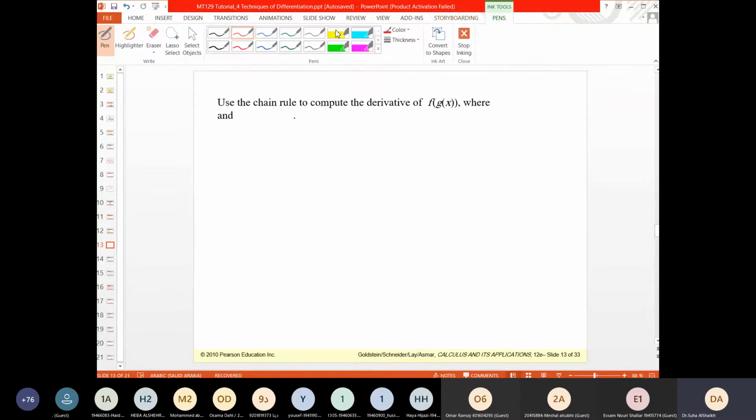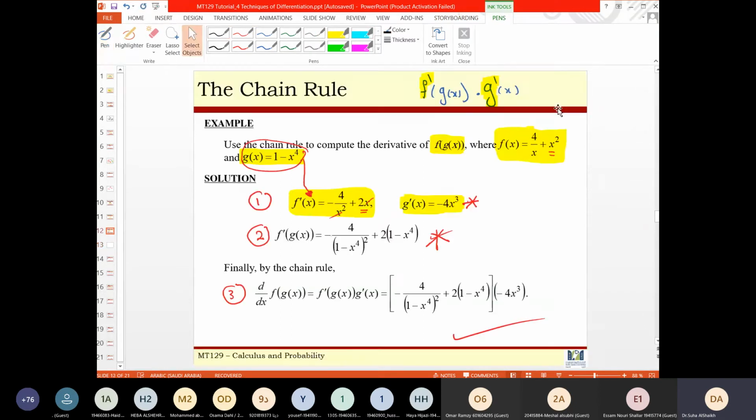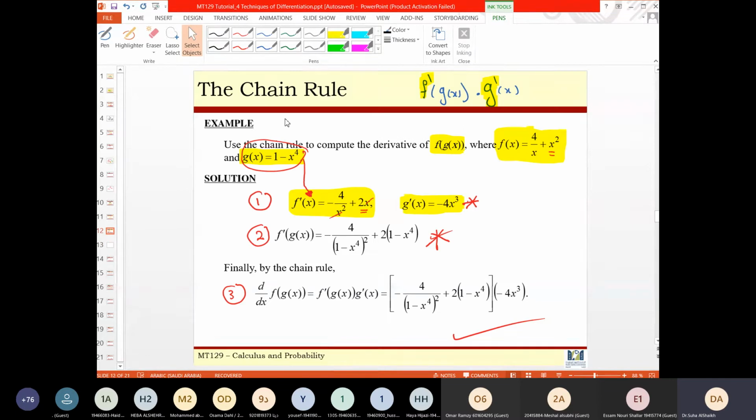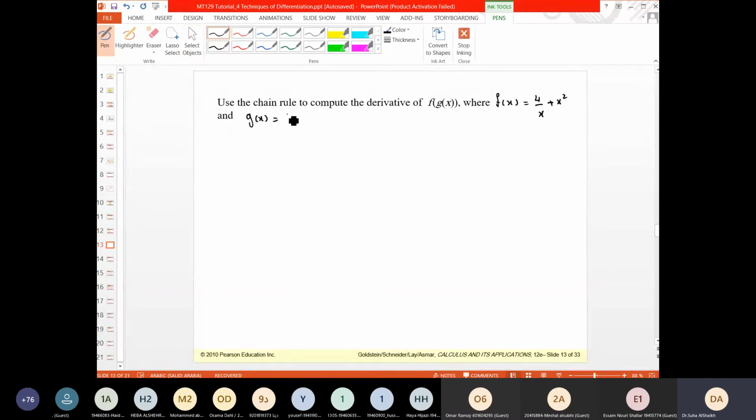It is 4 over X plus X square, and G of X is 1 minus X to the power 4. They want me to find the derivative of the composition of the two functions. They did not say derivative of F nor derivative of G. They want the derivative of F with the G inside it.